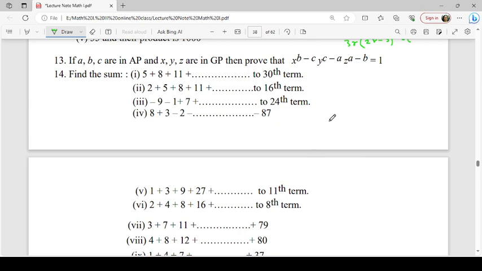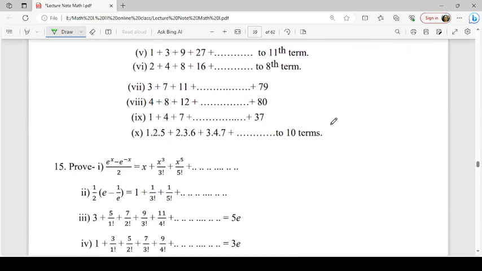Now consider the series 1 into 2 into 5, 2 into 3 into 6, 3 into 4 into 7. This is n into n plus 1 into n plus 4.